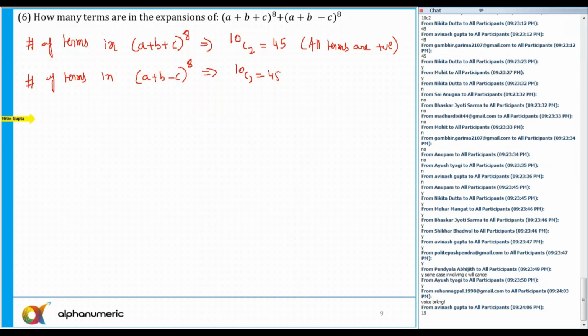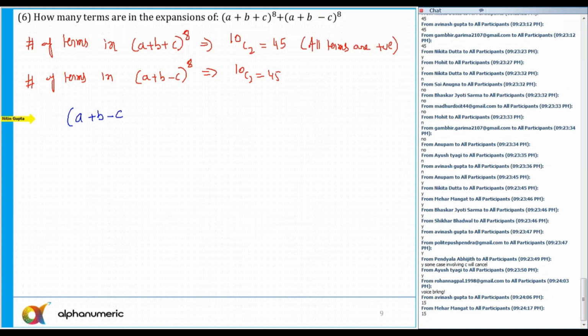Alright. So here the expression is a plus b minus c, all raised to power 8. The general term is k into a raised to power x into b raised to power y into minus c raised to power z.